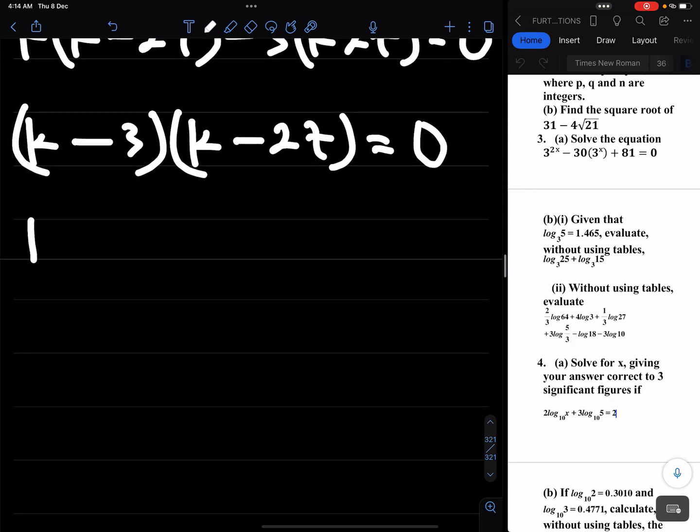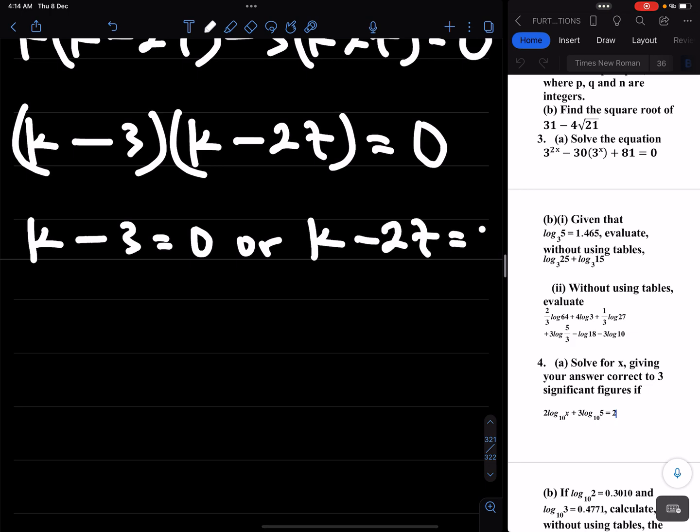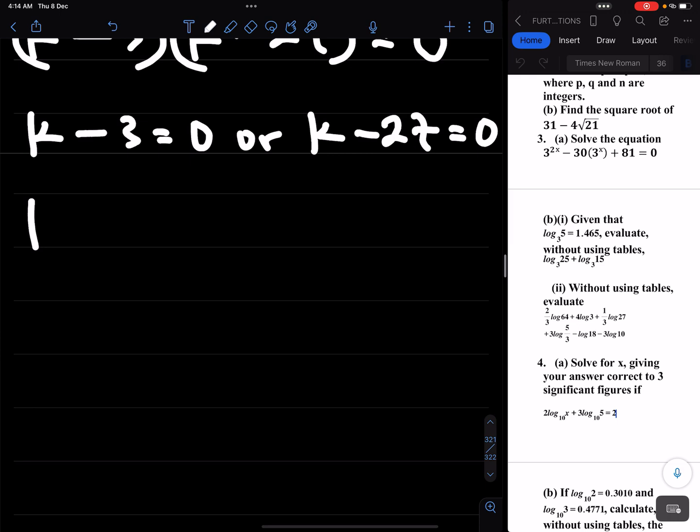And this simply means k minus 3 equals 0, or k minus 27 equals 0, which simply means k equals 3 or k equals 27.